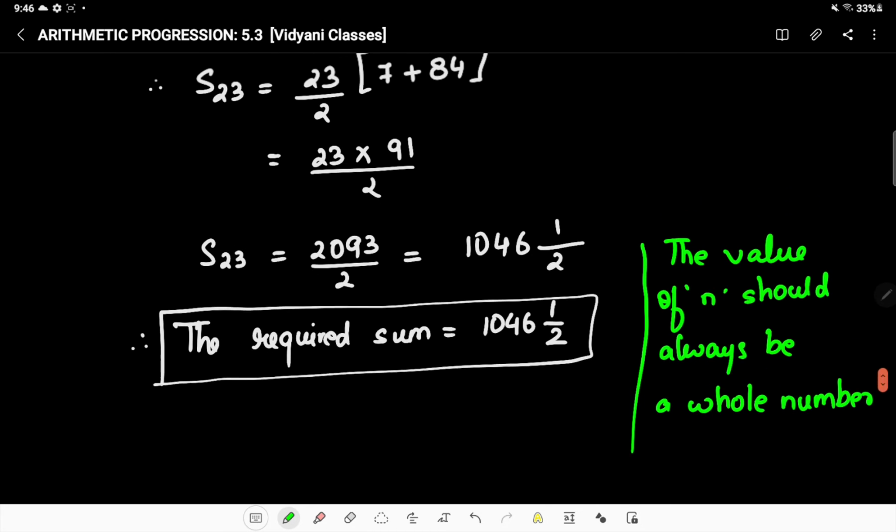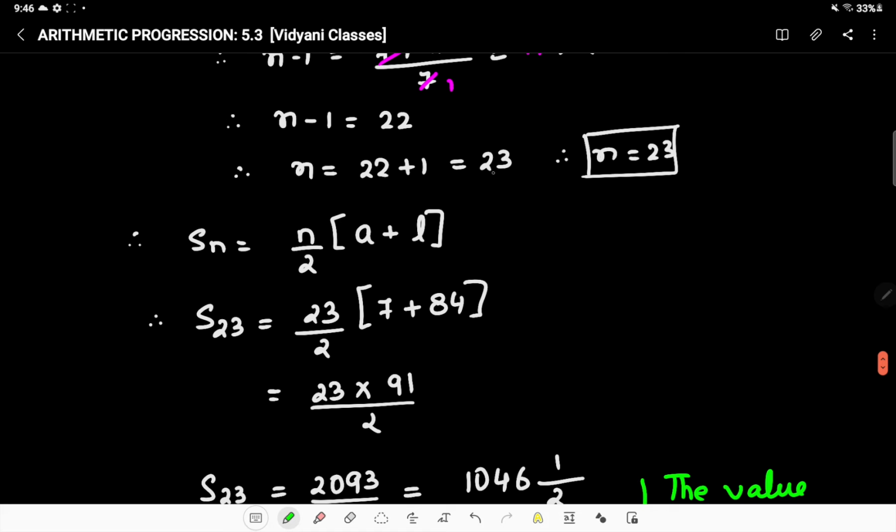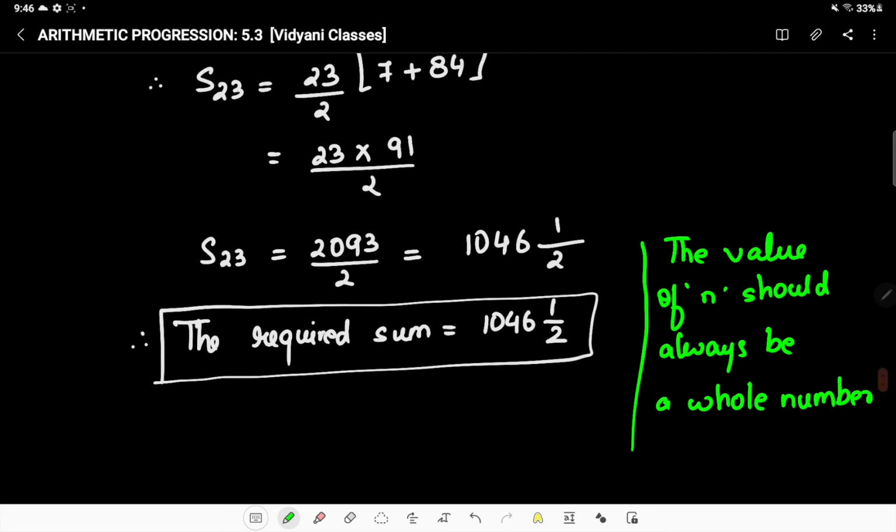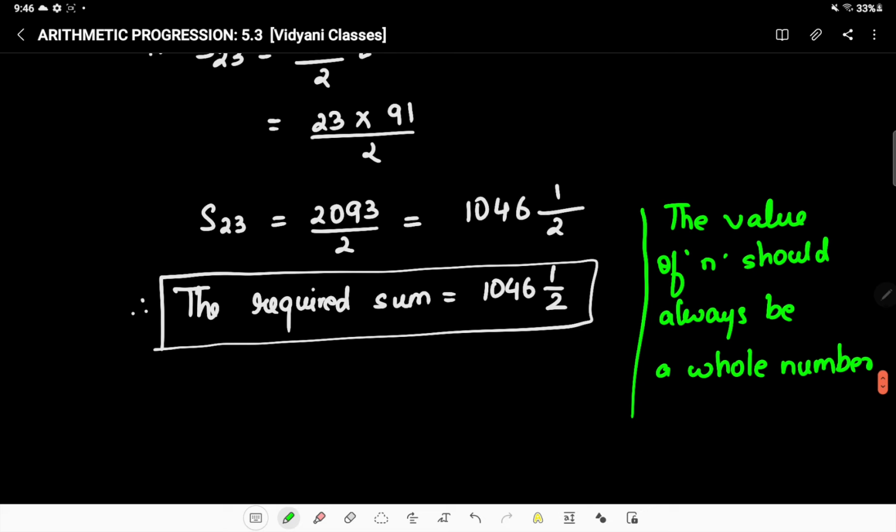As you can see over here, the value of n comes out to be 23. The sequence might be in decimal form, that is okay, but the value of n should always be a whole number for it to be an AP. Clear? Okay, let us solve the next question.